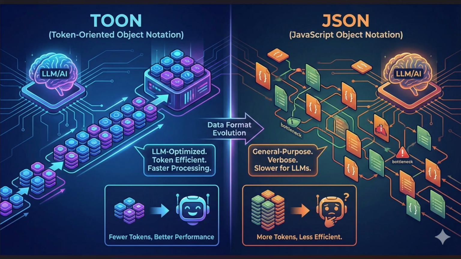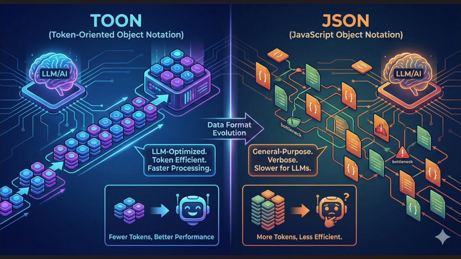Whereas instead of JSON, if you use TOON, what will happen? There is a new format introduced, TOON, which will save the cost approximately 40 to 70 percent, because the token size is less compared to JSON. So the overall token size is less, the speed will increase, and the performance will increase.